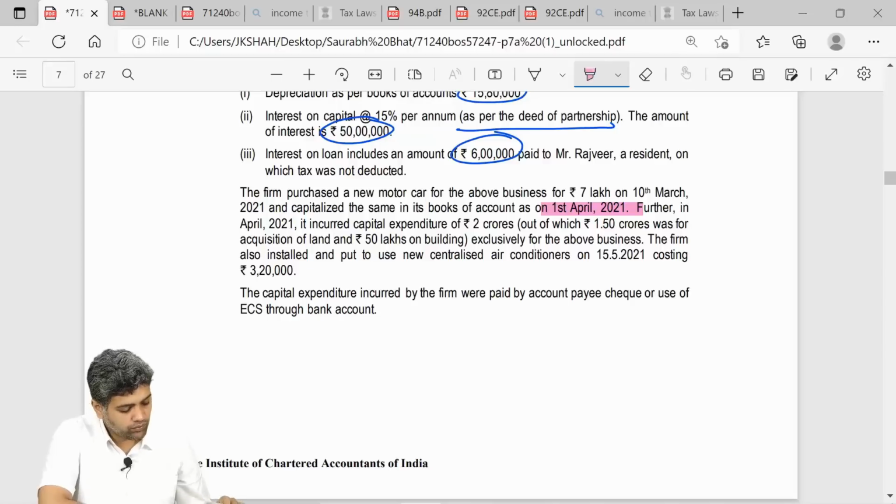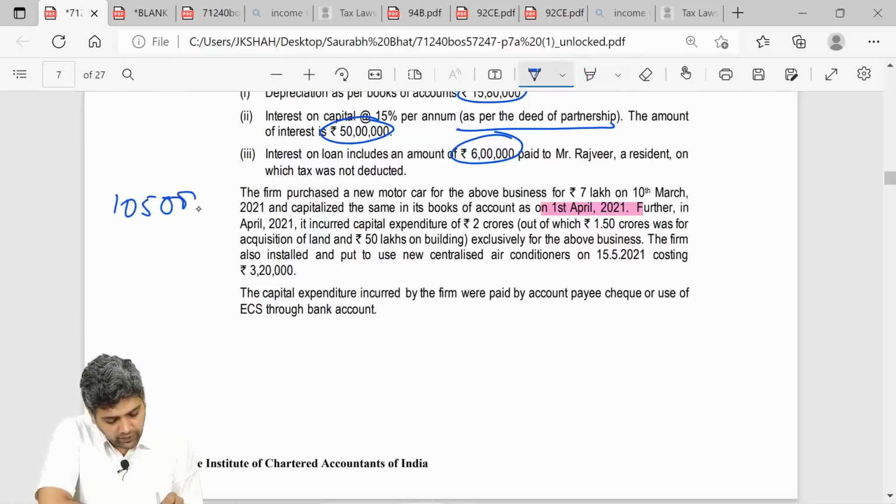On 7 lakhs, you get 15% depreciation, that is 1,05,000. Further, in April 21, you have incurred capital expenditure of 2 crores, out of which 1.5 crores was for land and 50 lakhs for building. On land, you don't get depreciation. On building, you get 10% depreciation, so that is 5 lakh rupees.